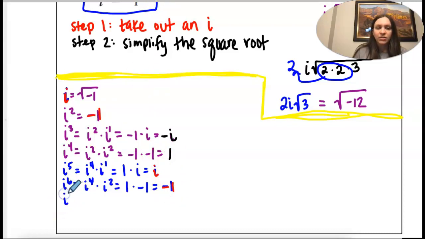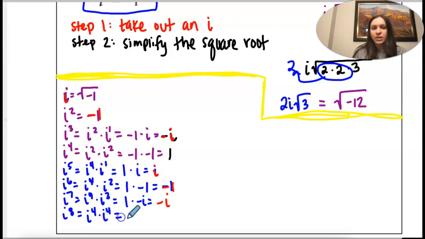If I took i to the 7th, I would get i to the 4th times i cubed. Well, i to the 4th is 1 and i to the 3rd is negative i. So I get negative i. i to the 8th is i to the 4th times i to the 4th. 1 times 1 equals 1. So it's a repeating pattern.